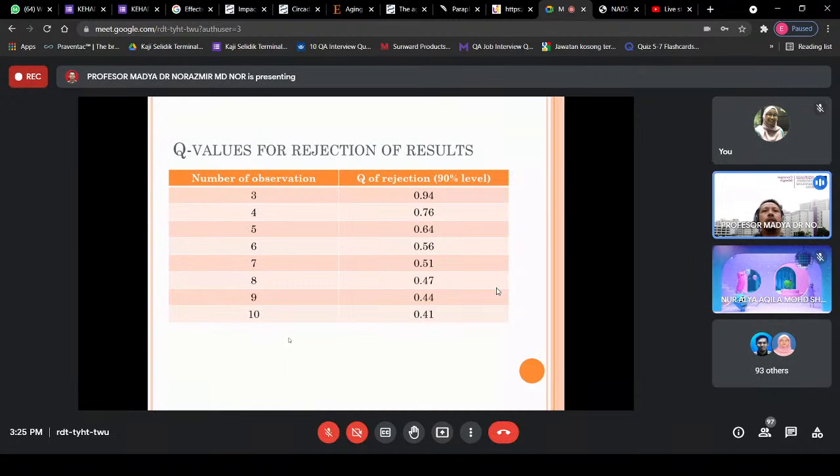This is the Q value for rejection of result. For example, we have 3 observations, 3 figures of data analysis. The Q of rejection is 0.94, that is at 90% level. So if it's below 0.94, it must be rejected.